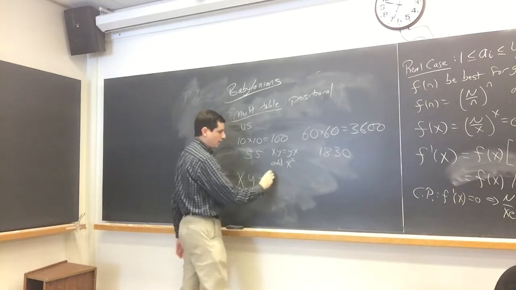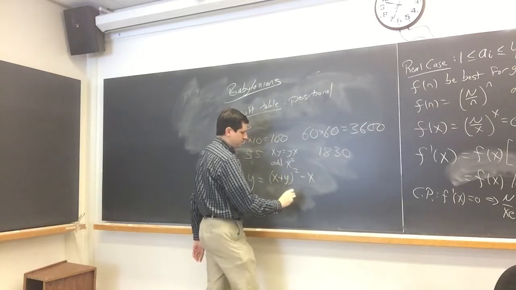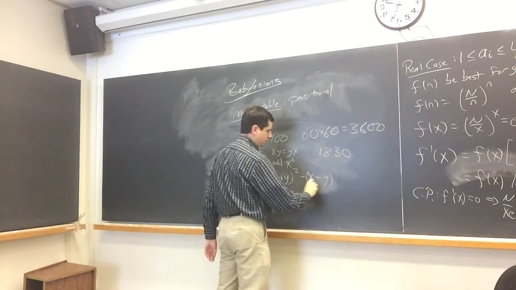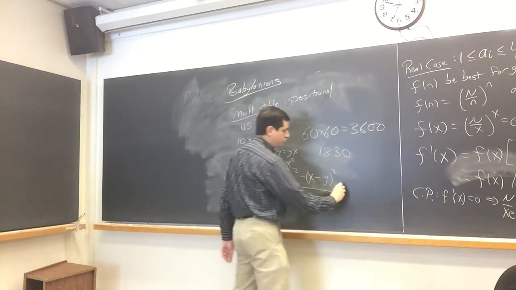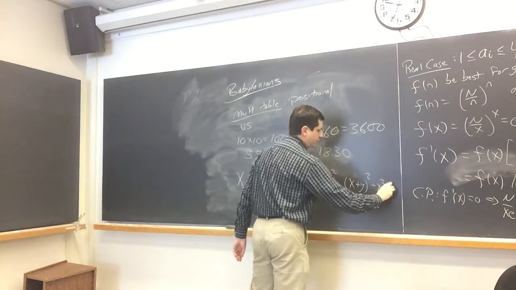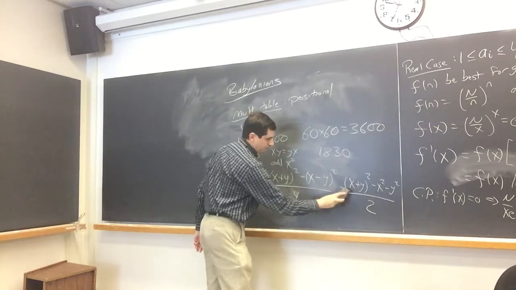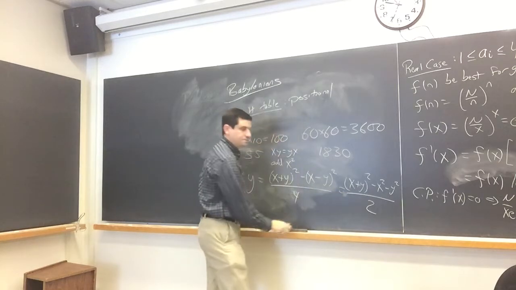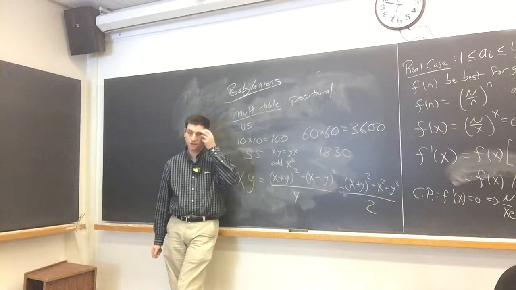So x times y is ((x plus y) squared minus (x minus y) squared) over 4. And you could also do ((x plus y) squared minus x squared minus y squared) over 2. And if I just expand this out, this is 4xy divided by 4, it's xy.